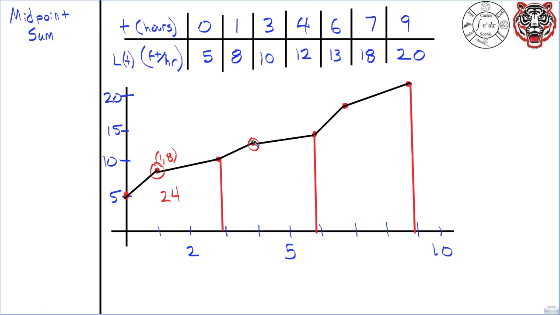So the height for this point, this was 4, comma 12. So it's going to be 3 times 12. This is 36. And this is going to be 3 again. And then this point here, that's 7, 18. 3 times 18, that's 54.